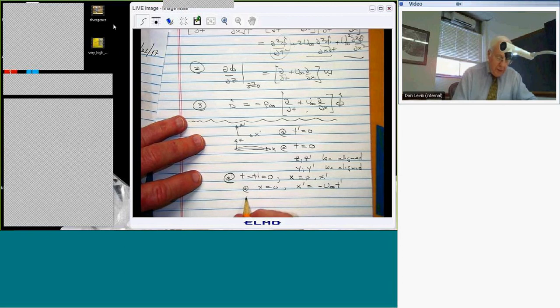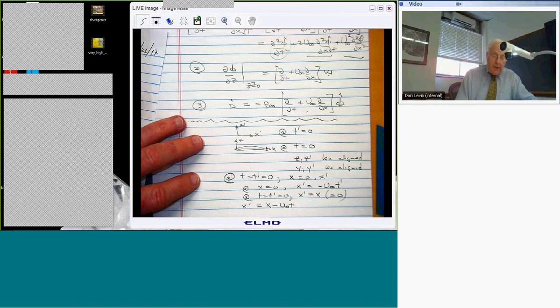Also, as we discussed before, at t equals t prime equals 0, X prime equals X, which also equals 0, of course. So it's easy to see that X prime is equal to X minus U infinity t.